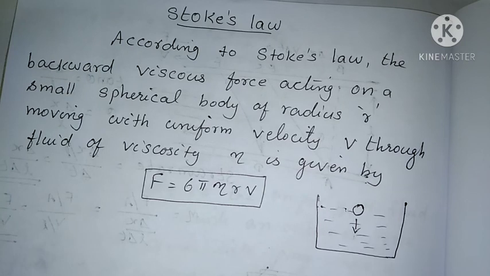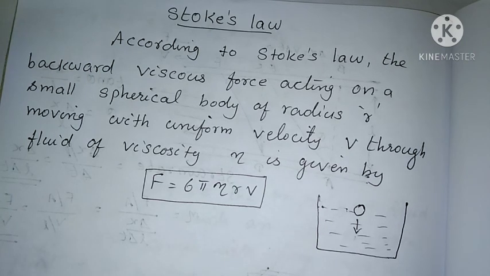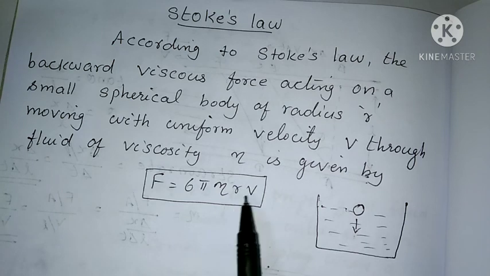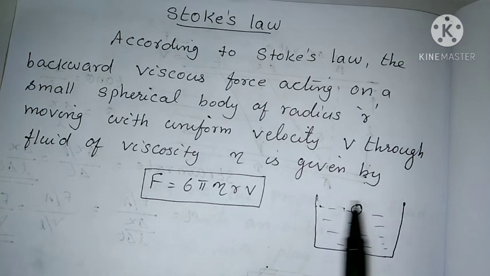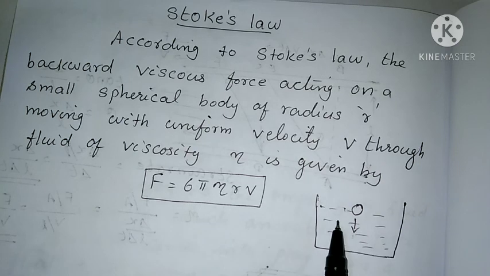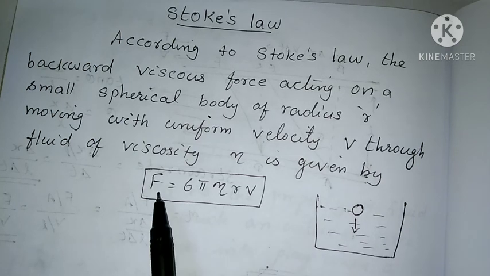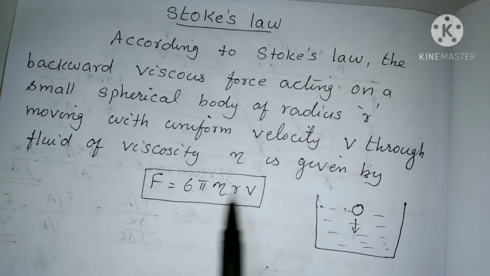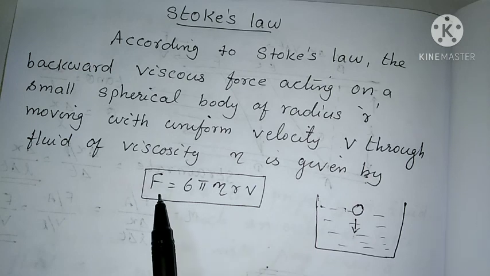So, this viscous force depends on the coefficient of viscosity of the fluid, then radius of the spherical body. When the radius of the spherical body increases, then viscous force also increases. Then coefficient of viscosity increases, then viscous force also increases. Then velocity of the body increases, then viscous force also increases.